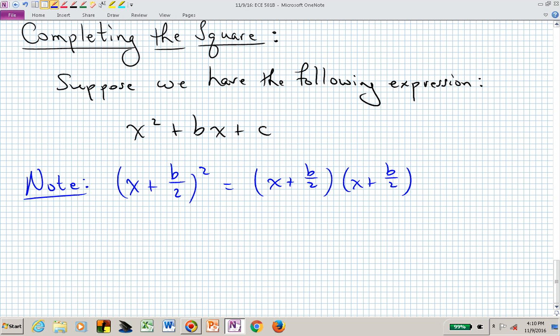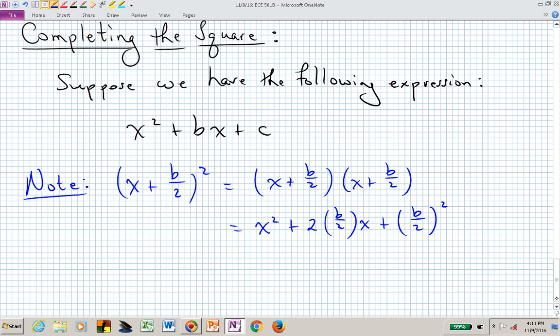And we can do that if that second term in the squared expression is half of the second term in x plus whatever. So in this case, we end up with x squared plus 2 times the second term times the first term plus (b over 2) squared. Hopefully that doesn't surprise anyone.